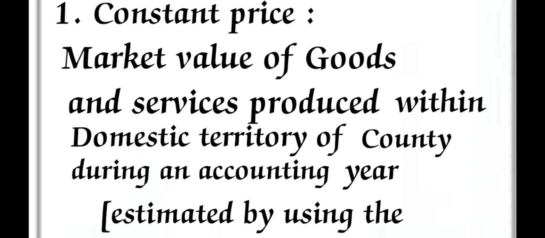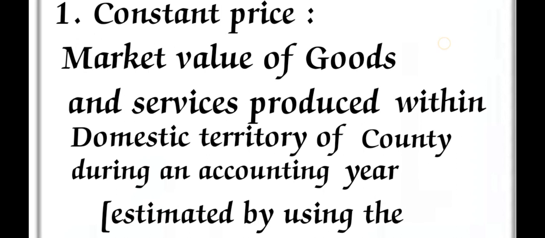Here, the accounting year from the Indian point of view is called a financial year. It starts from 1st April to 31st March. That time period is known as the financial year or accounting year.